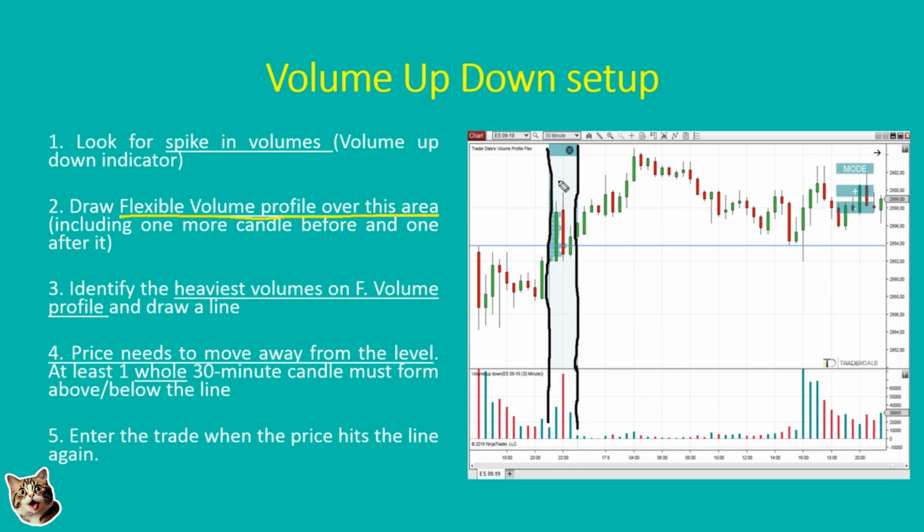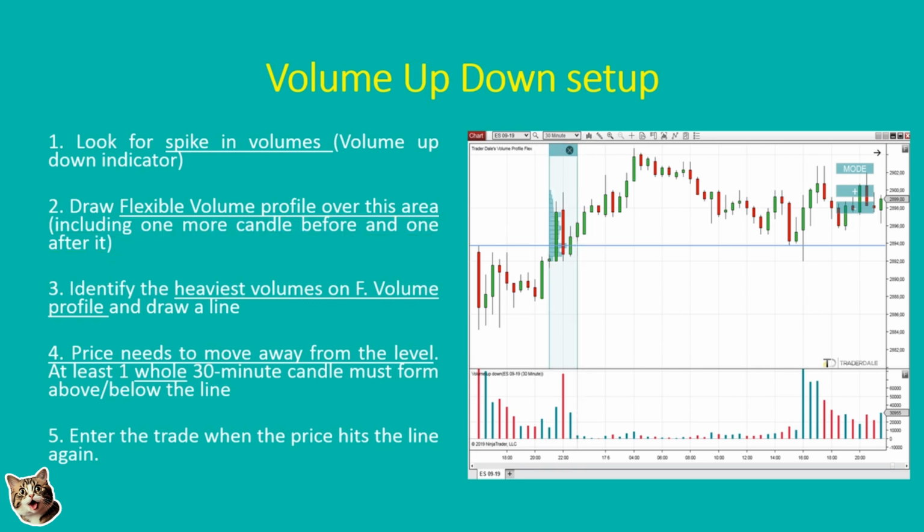You draw the profile over the area with heavy volumes, including one more candle before and one after it. By the way, I'm using a 30-minute chart, I forgot to say.